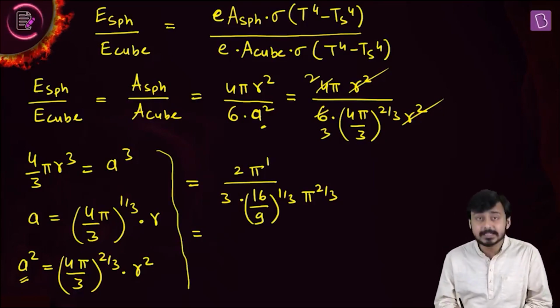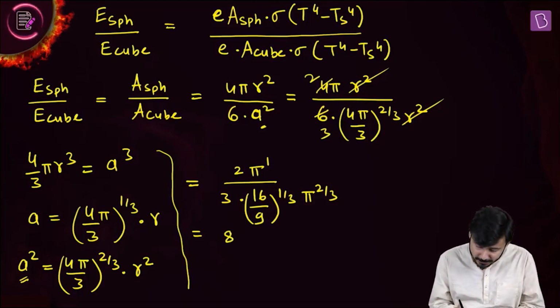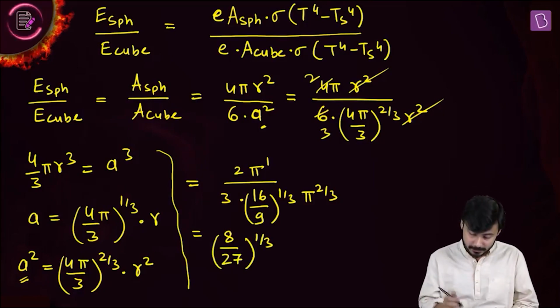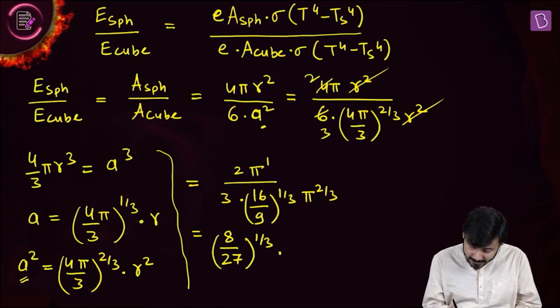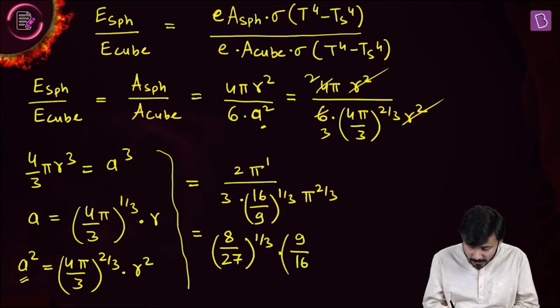this 2 by 3 I want to write in terms of power 1 by 3. So I can write it as (8 by 27) power 1 by 3, multiplied by this 16 by 9, which I'll take as 9 by 16, again with a power 1 by 3.